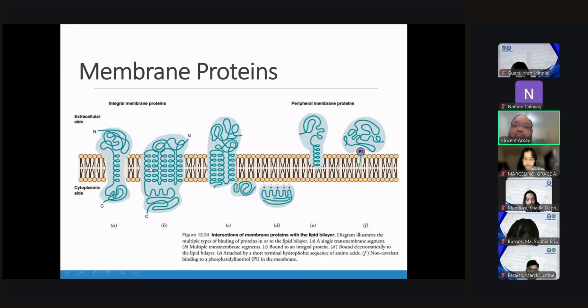They can span once or multiple times. As compared to peripheral membrane proteins, where they do not span the entire surface. They may be linked primarily to the hydrophilic layers instead, or not completely throughout the membrane.